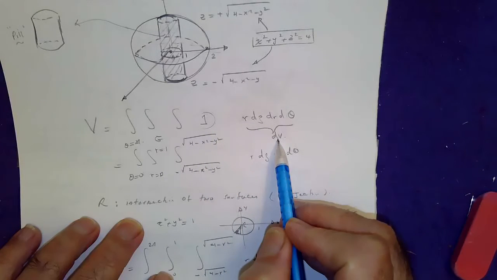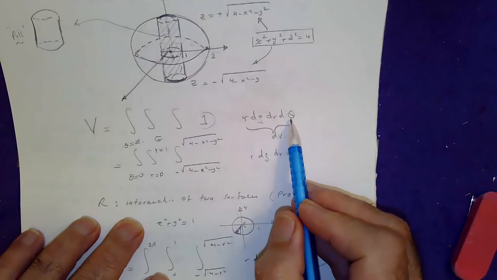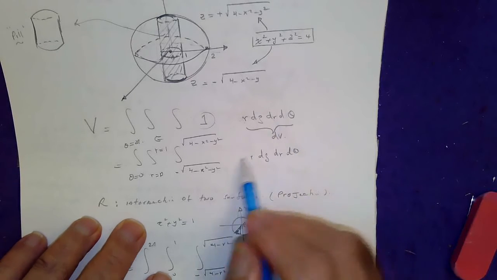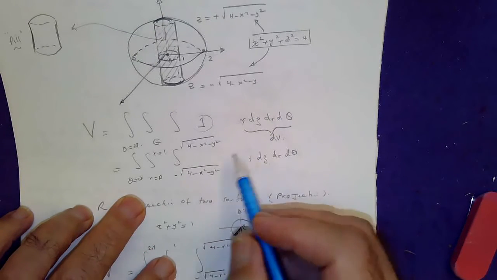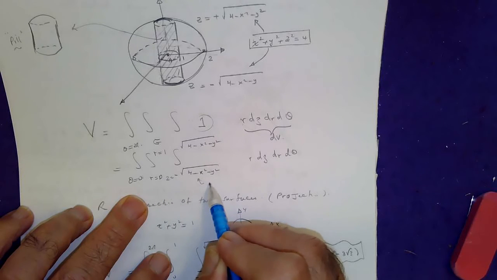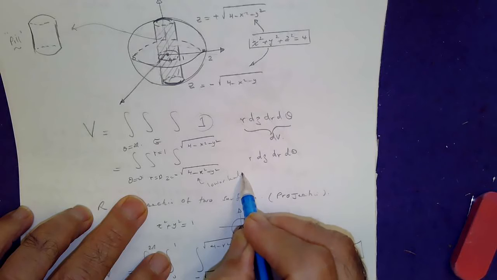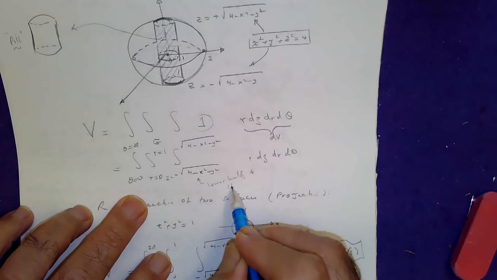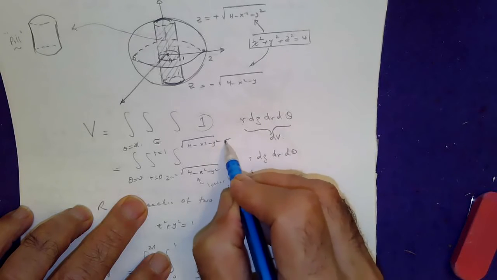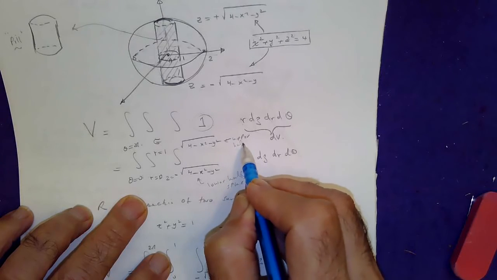Cylindrical dV, the volume element, is r dz dr d theta. Okay, so before we do this, remember z goes from where? From the lower half of the sphere to the upper half of the sphere, correct?